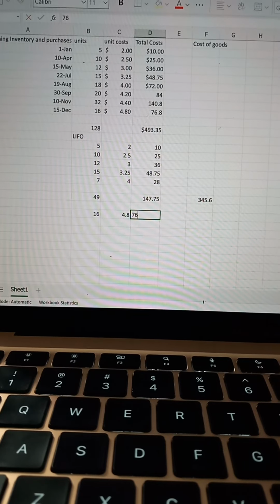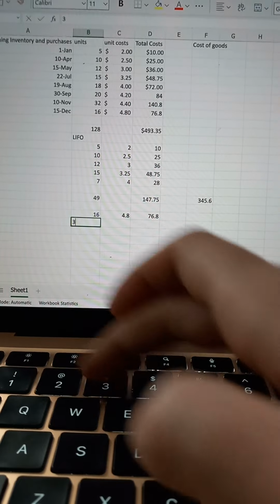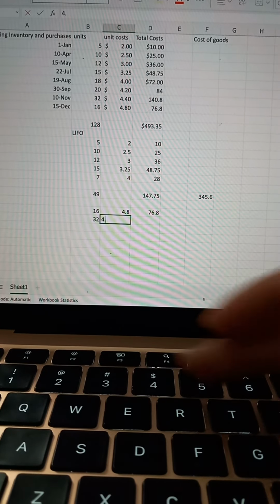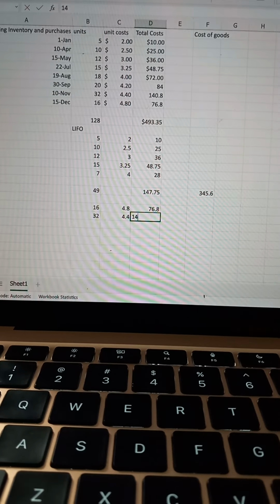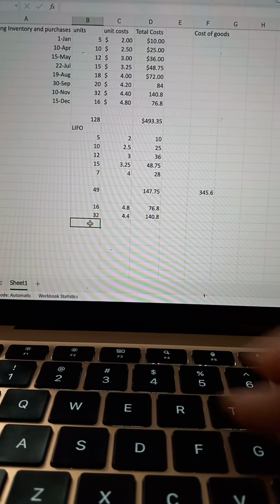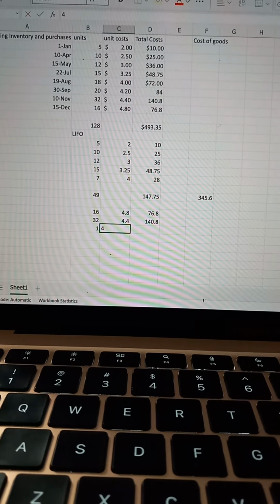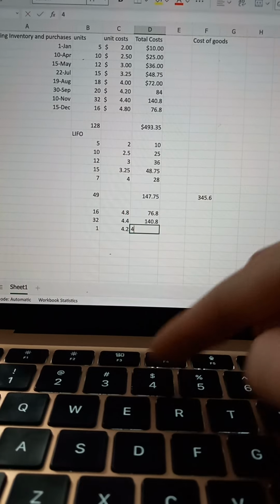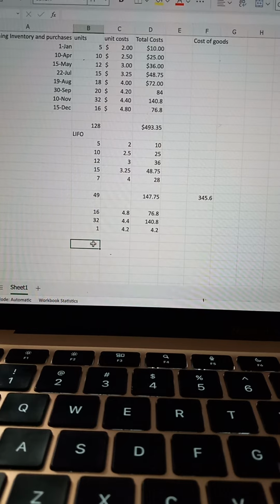Which gives us 76.8. 32. 4.4. 140.8. And then at that point, we only need one more. So then we're going to take that. That one is multiplied by the 4.2, which just gives us 4.2. We already know this is going to add up to 49.